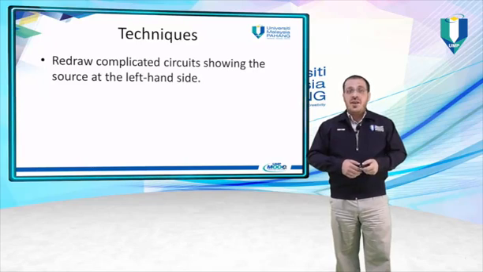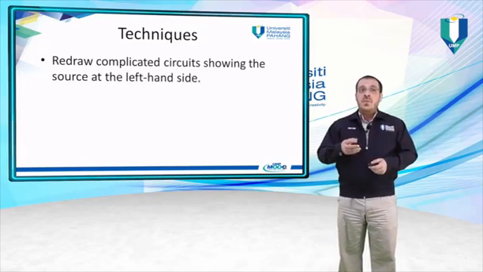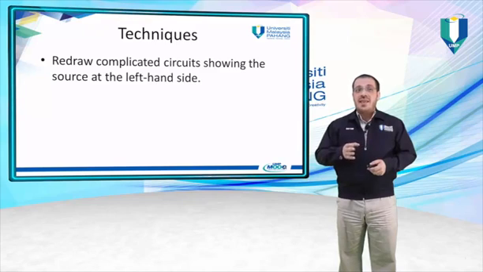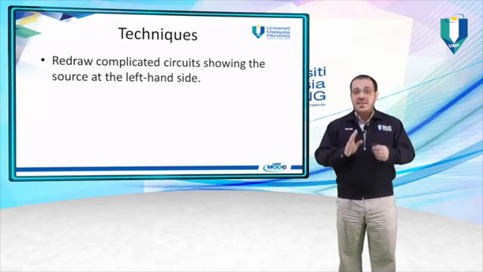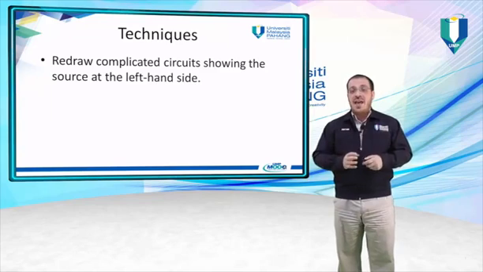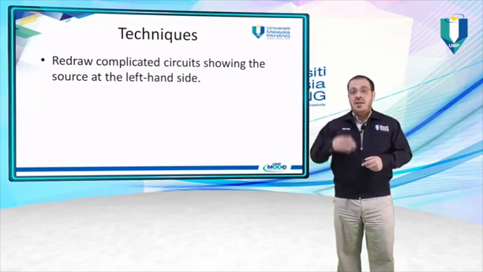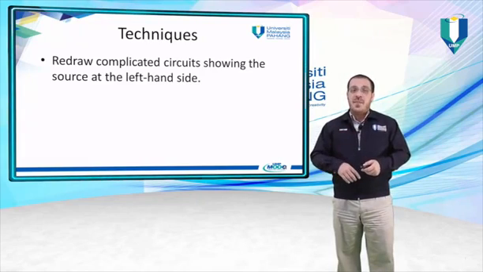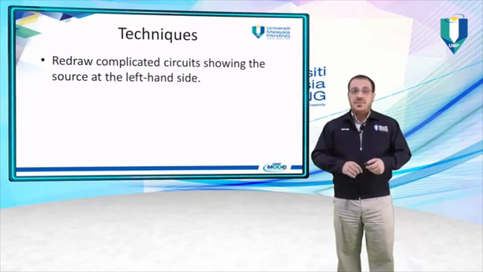One of the techniques that you should master and practice is to redraw a complicated circuit showing the source at the left hand side. So always try to move the source to the left hand side. As I said, I am just mentioning what the techniques are today, and later, in the next parts and modules, we will practice how to use them step by step. Next, always keep in mind to label all the nodes.